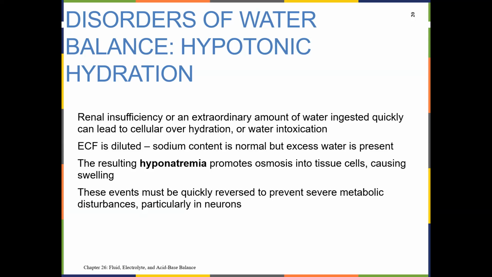This produces a situation known as hyponatremia, meaning our salt concentration is now lower. We don't like that. We are now more dilute than what's inside the cell, and water leaves the interstitial fluid and goes into the cell, and the cells will swell up and they can burst.